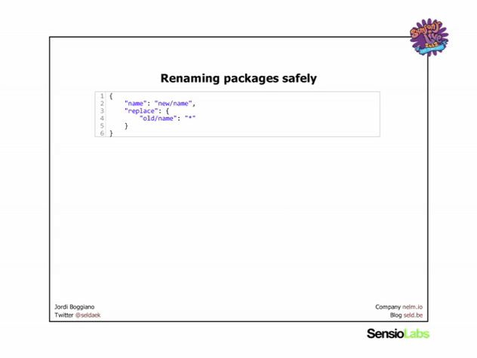That's just a prevention measure for avoiding that popular stuff gets deleted. So one way to rename it is to delete it and submit it again. But what you should do if you want to be nice to other people is add a replace. So you have your new name, and you just mark replace all name, all versions.